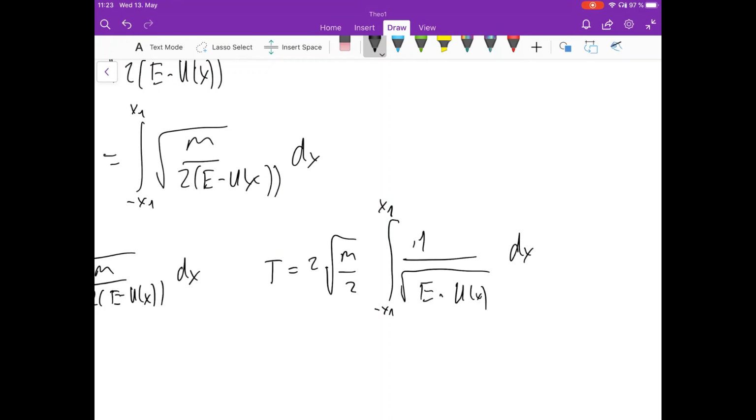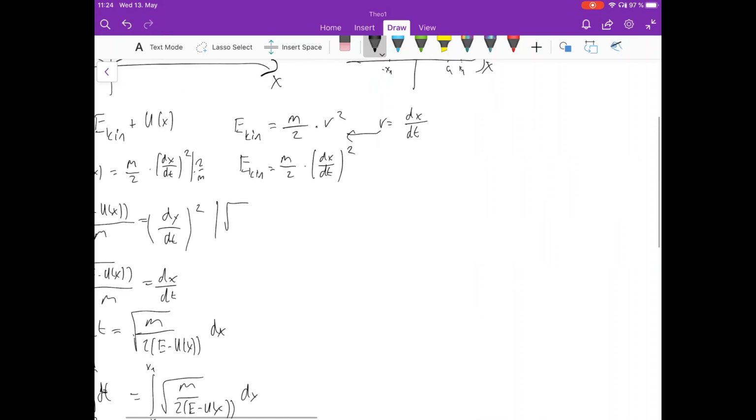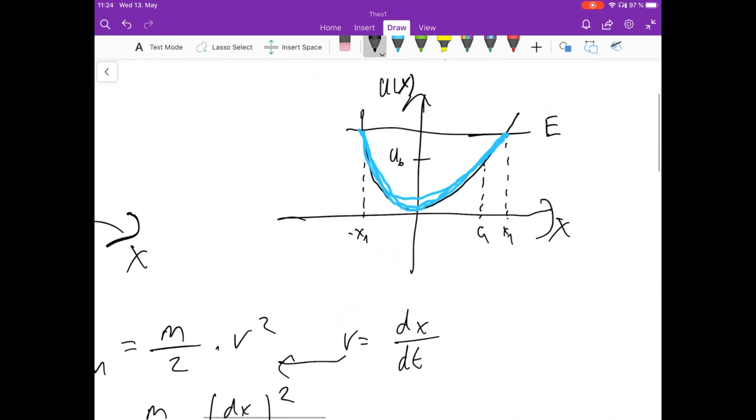Yeah, cool. The other thing that we can do, that we know because of symmetry, is that from minus x1 to 0 and 0 to x1 is going to be the same integral. Let's look at the end. So the integration we all know.